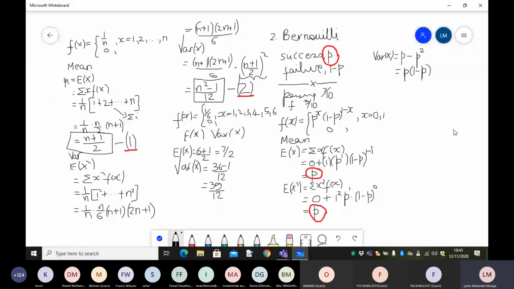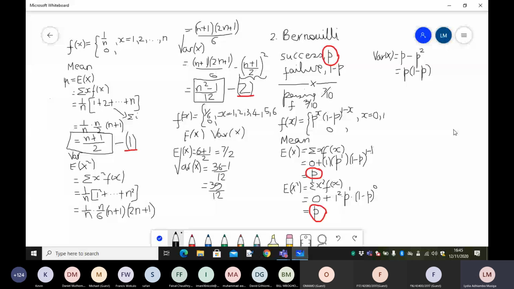Of course, whether you use the MGF technique or expectation, you'll find that the mean and the variance are equal for the same distribution, irrespective of the technique you use. But it is just good to know the two methods should you be asked to use a particular method.